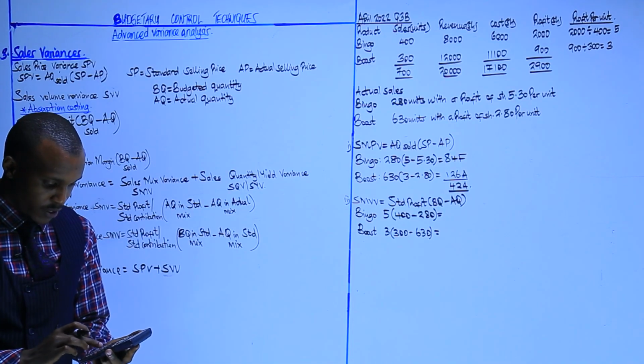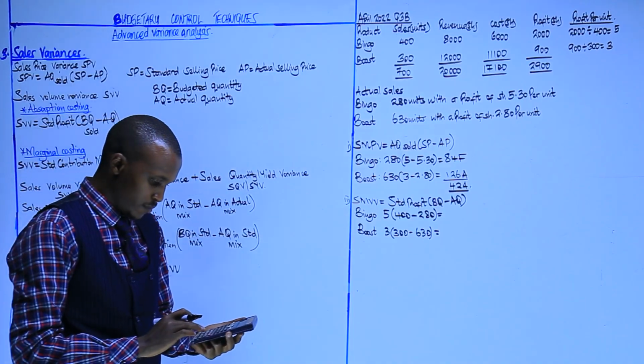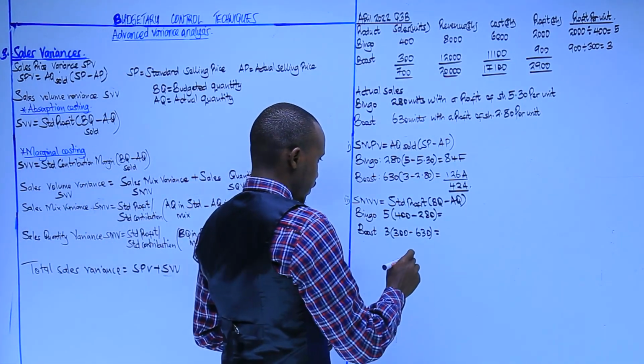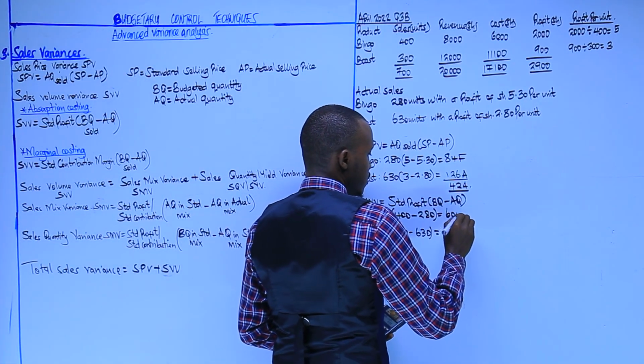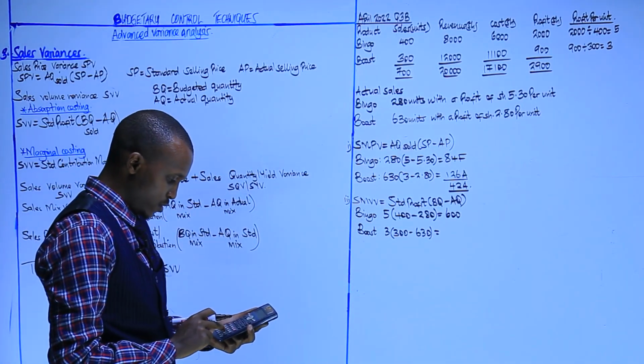So 5 times 400 minus 280. This is 600. 3 times 300 minus 630.